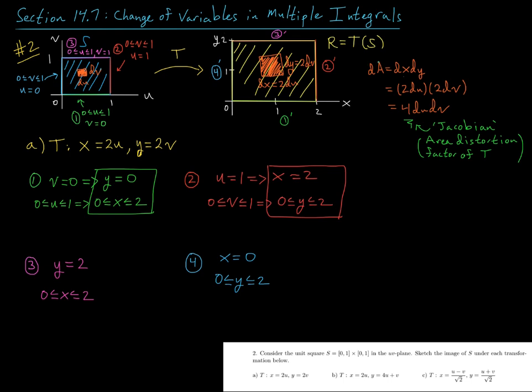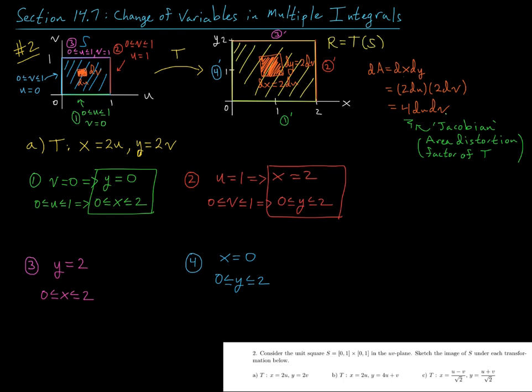And so for the area element, which is dx dy, this will then be twice du times twice dv, which is 4 times du dv. Okay, so put another way, if the transformation T is dilating lengths by 2, it will multiply areas by 4.